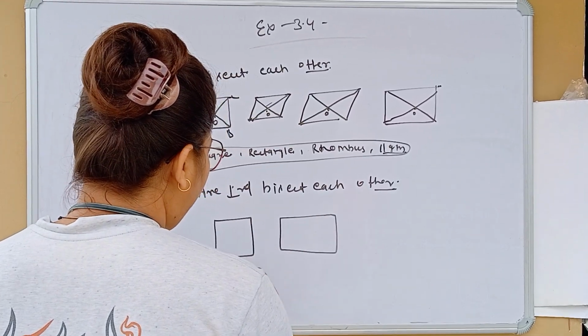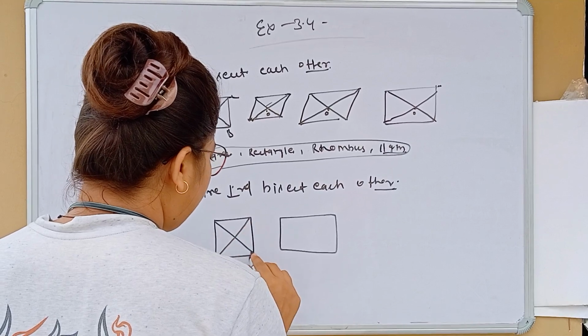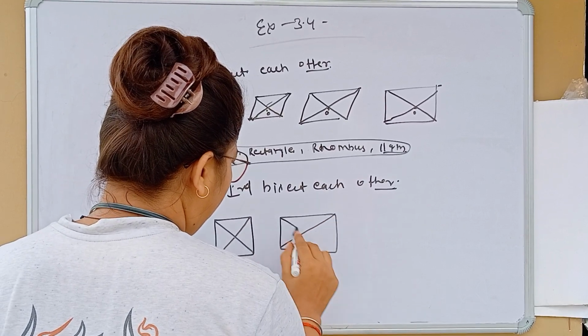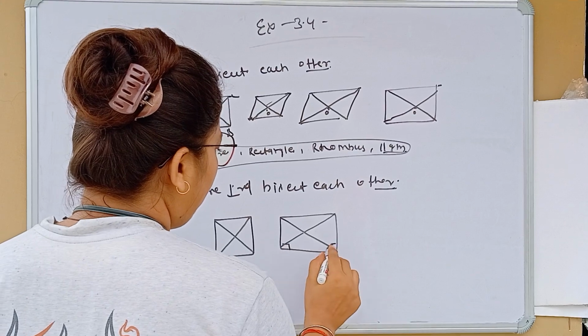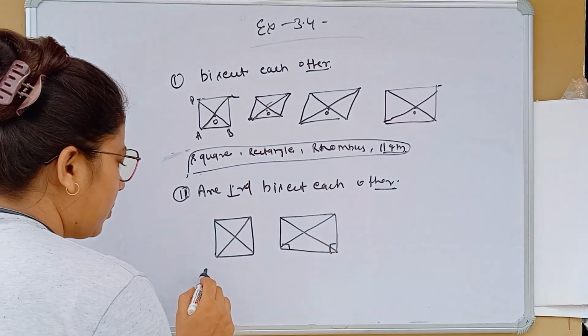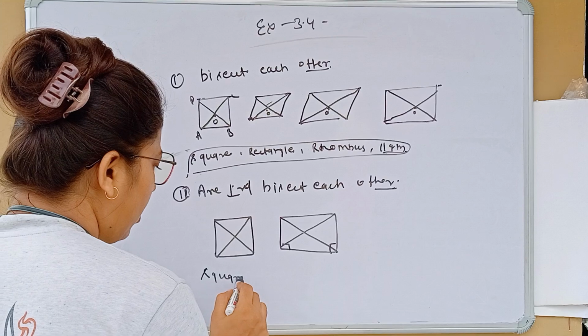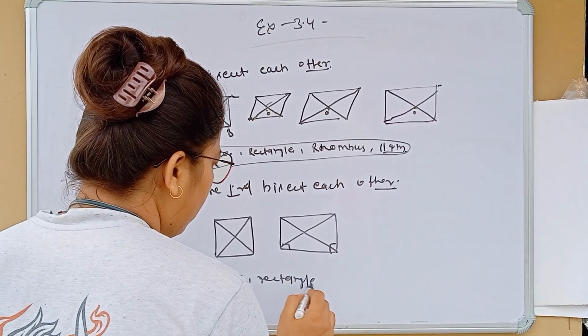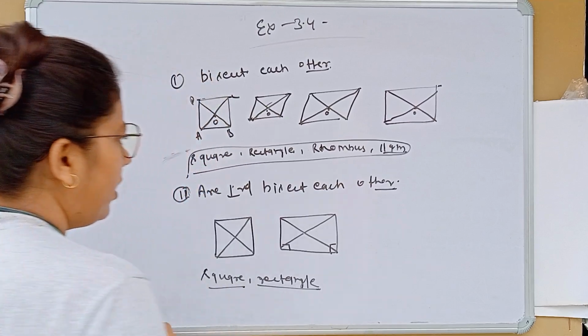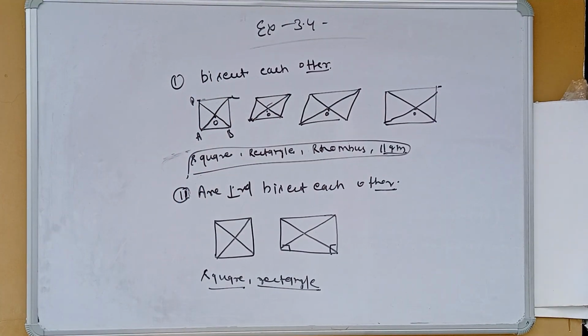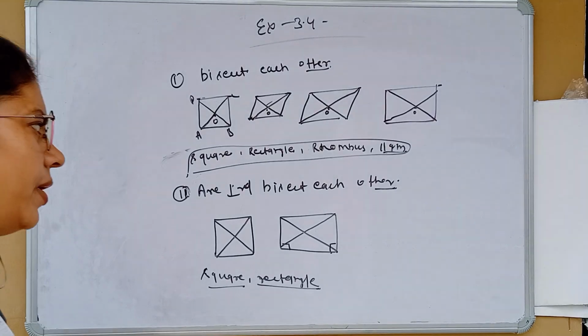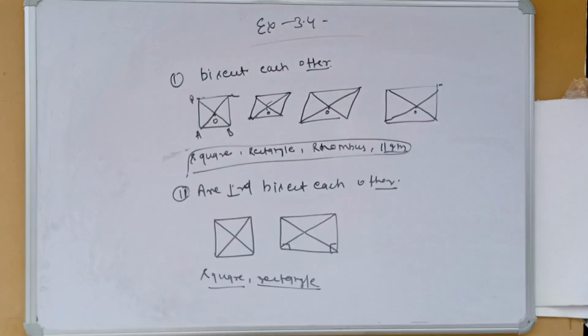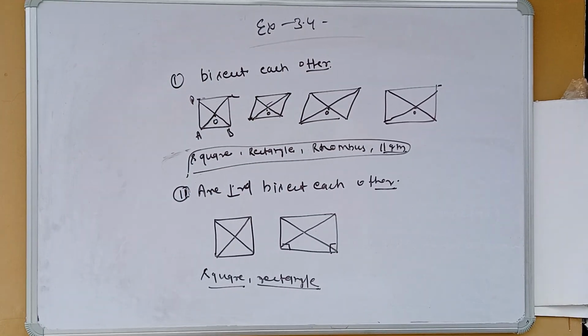So here we can write the two names: square and rectangle. Their diagonals bisect each other perpendicularly.